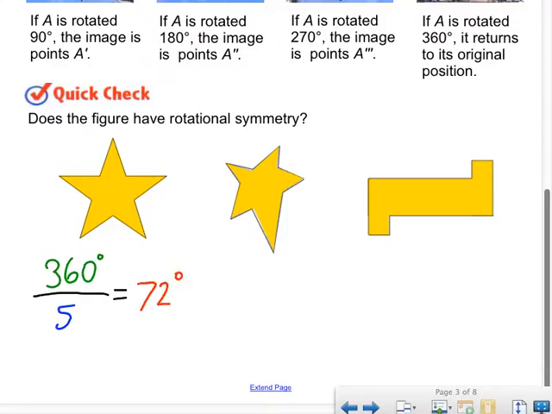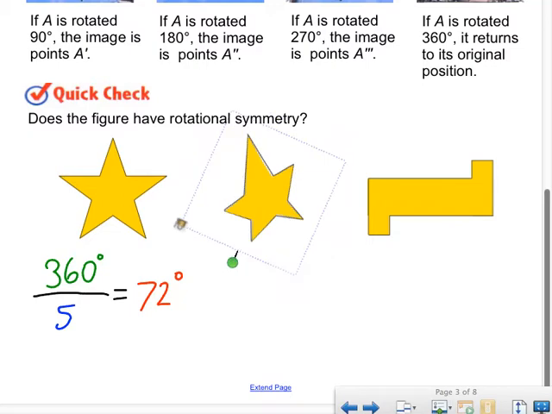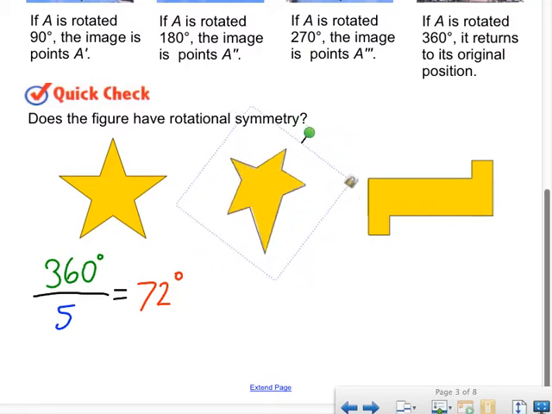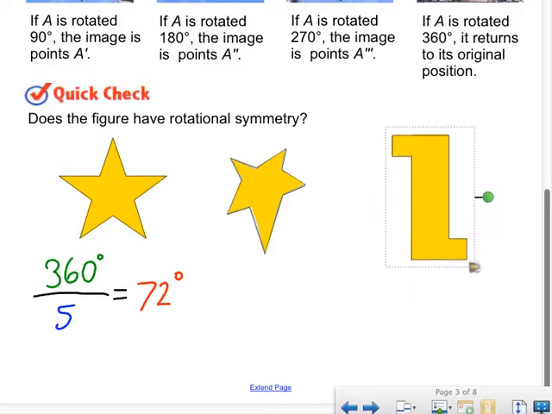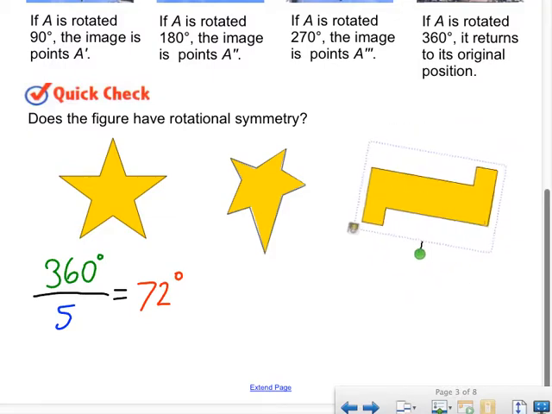Okay. Is this next one, does this have rotational symmetry? No, it doesn't. So there's no symmetry at all there, right? What about this one? Can I rotate it 180 degrees or less and have it look like the original? Yes. How many degrees did I just rotate it? Does that look like the original? No. What about now?